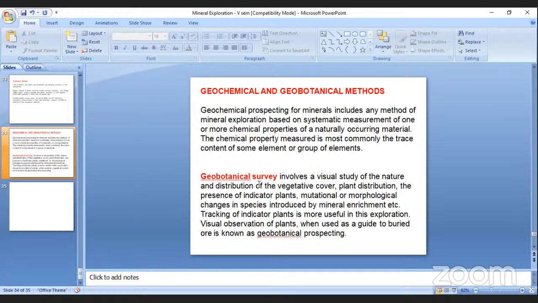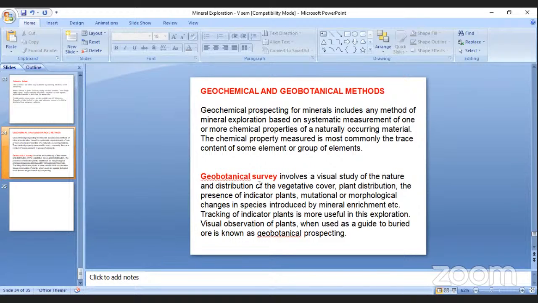What are the indicator plants, the presence of indicator plants, and some mutational or morphological changes in a species which are introduced by mineralogical deposits or mineral enrichment.